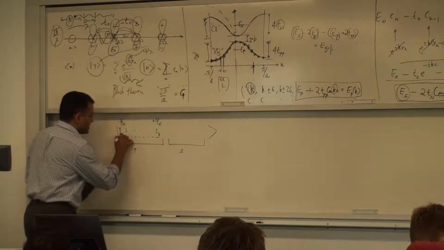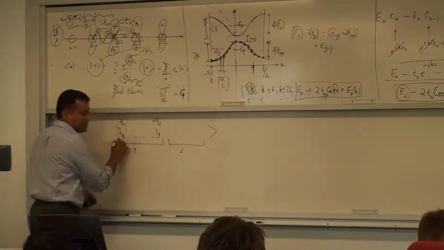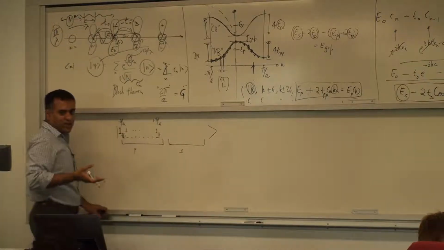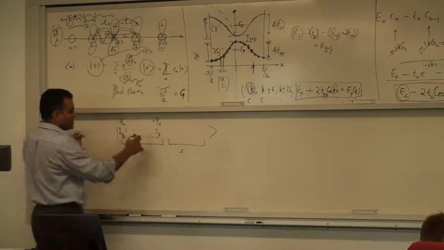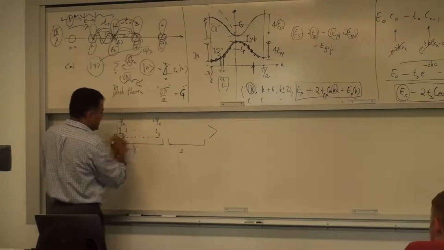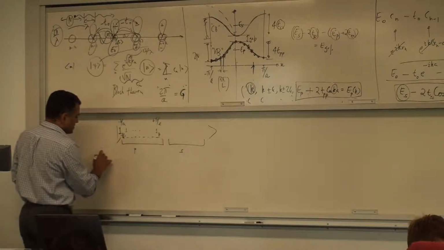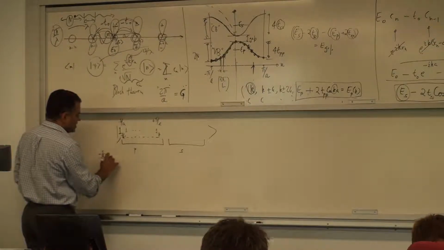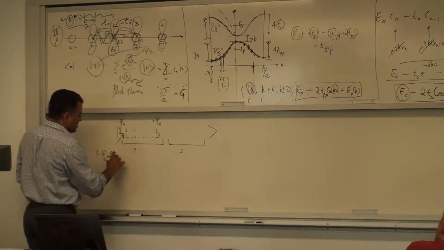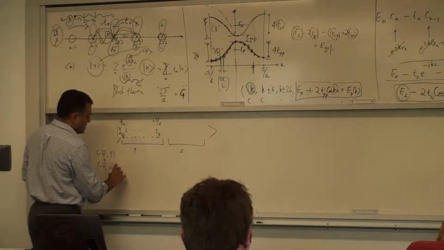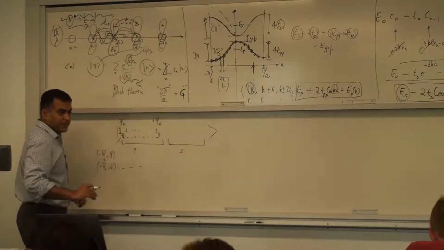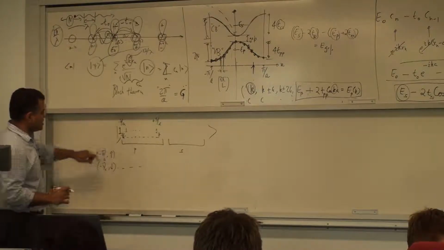Maybe I write it as minus pi by A. So you can see that there are all these indices. You don't have to write it, but I think we can realize that there are this many orbitals, and each of them has some index. This one has a momentum index of maybe minus pi over A and a spin index of up. Then the next one is minus pi by A, spin index of down, and you have all these things then, right? And all these are occupied.